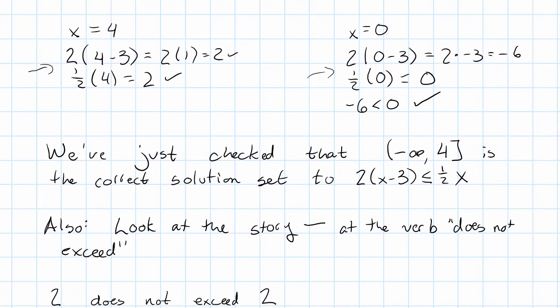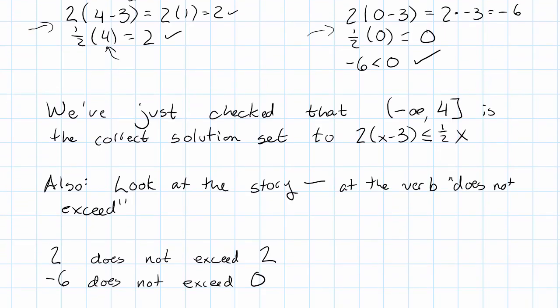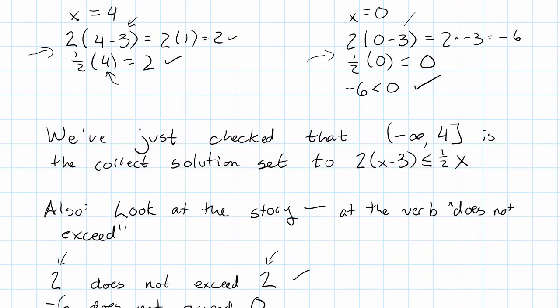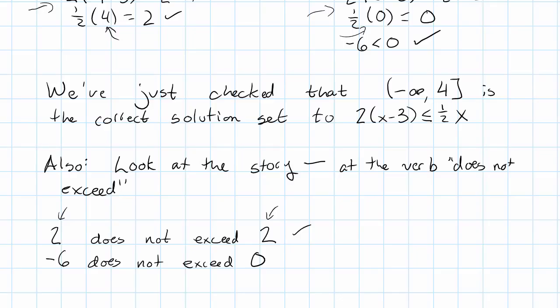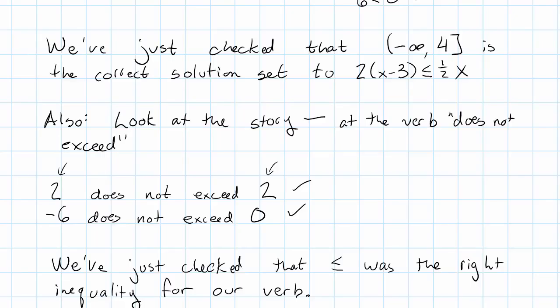Noting that we plugged into the first expression first, the second expression second. 2 does not exceed 2. Yes, that's true. First expression first, second expression second. Negative 6 does not exceed 0. Yes, that's true. So what we just checked now was that less than or equal was the right inequality for our verb.